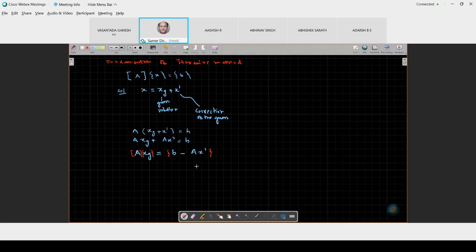So we can have the right hand side RG. So A xg is equal to RG. We can solve this system and we can get the guess values.